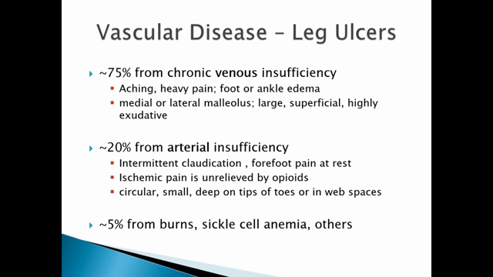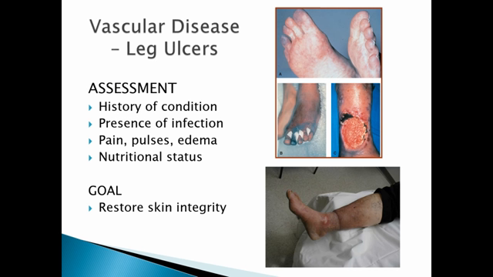On the flip side, the arterial side, these tend to be smaller ulcers. They're circular. They tend to be very deep. You see them a lot on the tips of the toes or in spaces between the toes. So again, being able to distinguish a venous ulcer from arterial, you can tell a lot based on the characteristics.